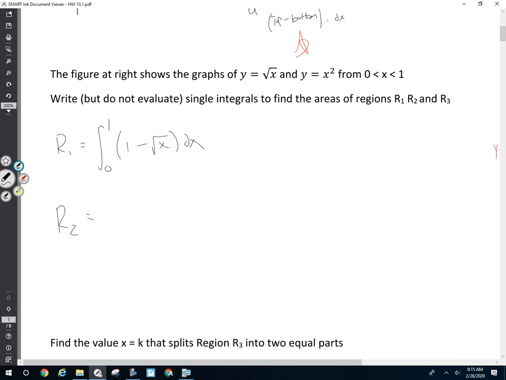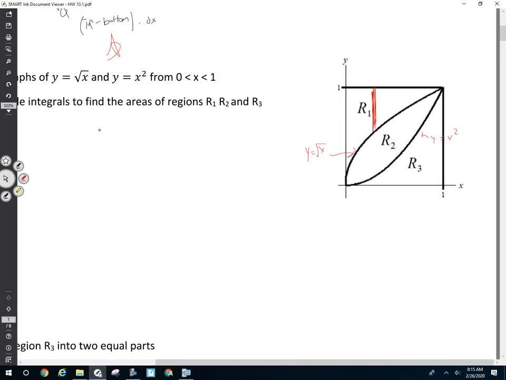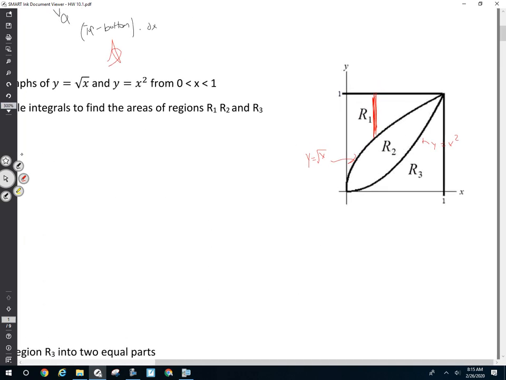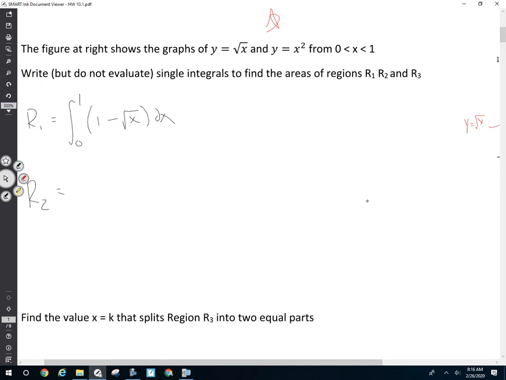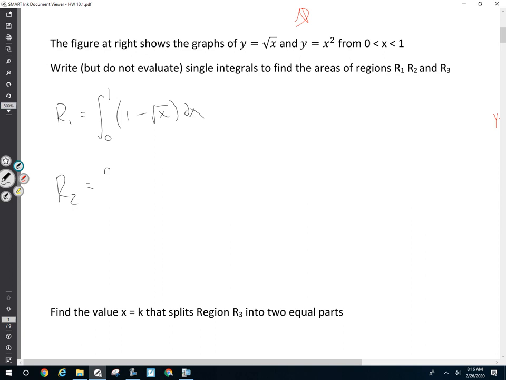R2, here's a rectangle for R2. The heights will be root x minus x squared from 0 to 1. That's my heights times my width of my rectangle, infinite sum of those.